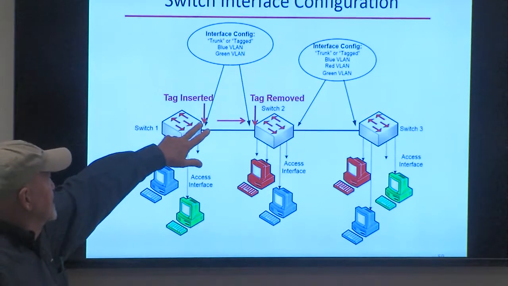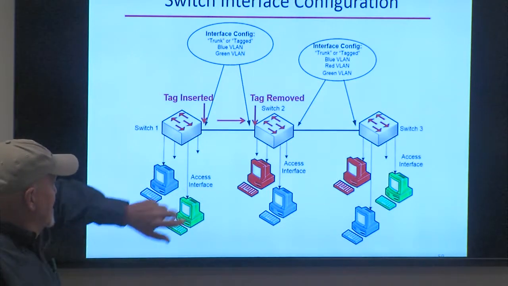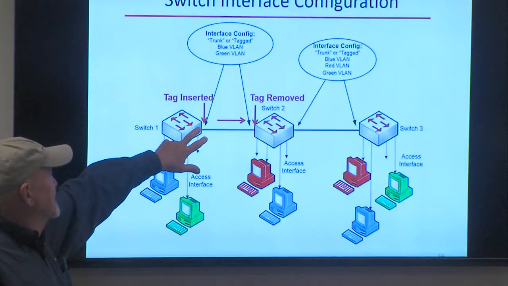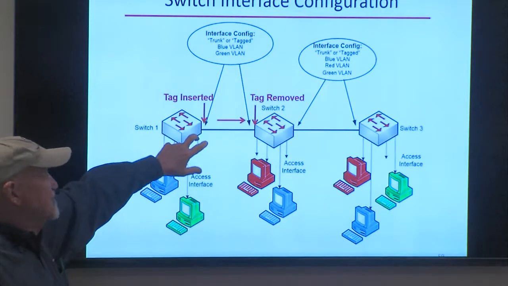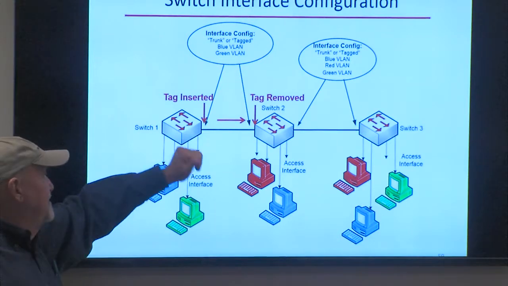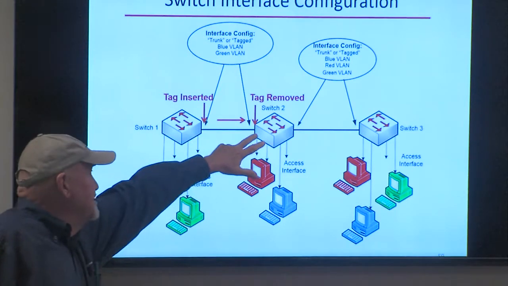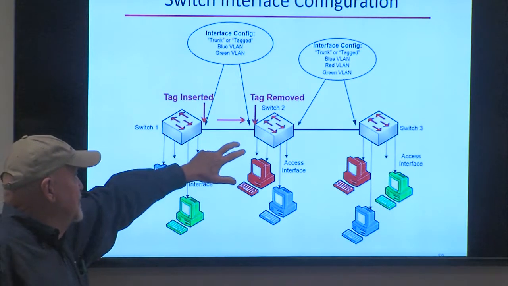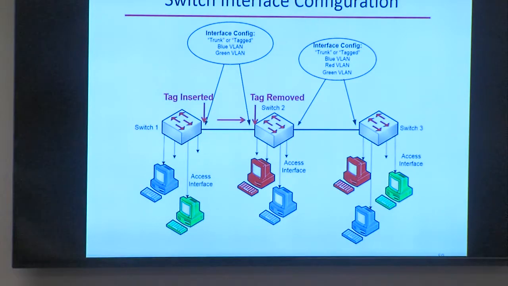Well, what has happened? A tag is inserted. On the egress interface, we're going to insert a tag to associate that frame with a specific VLAN. When it gets to the ingress interface here, that tag is removed, and of course that frame then is directed to the appropriate port.